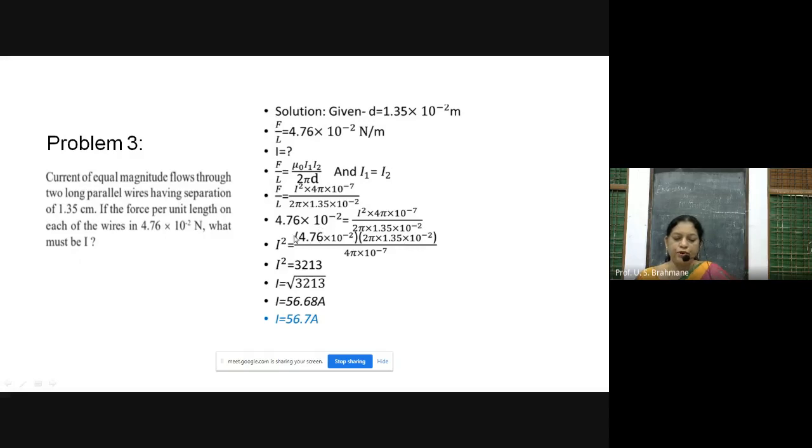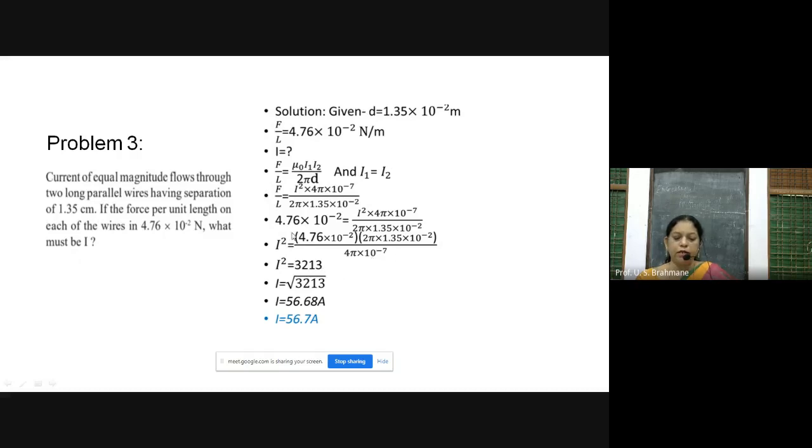Now take I square on one side and all the other terms on the right hand side. So it becomes 4.76 into 10 raised to minus 2, and then multiply this factor, 2 pi into 1.35 into 10 raised to minus 2 divided by 4 pi into 10 raised to minus 7.